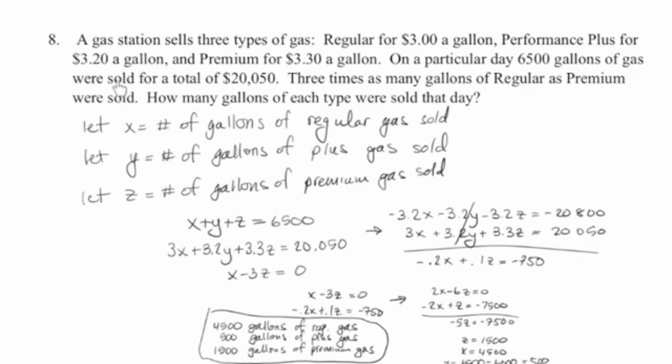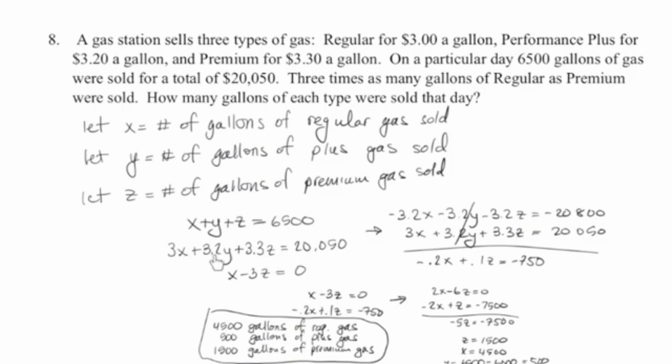Now the next piece of information is that the total amount sold that day is $20,050. To figure out the equation for that, it's $3 per gallon times the number of gallons of regular gas, add that to $3.20 times the number of gallons of performance plus gas, and then $3.30 times the number of gallons of premium gas.